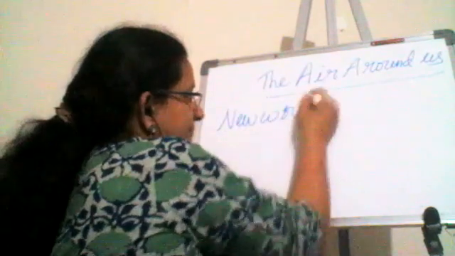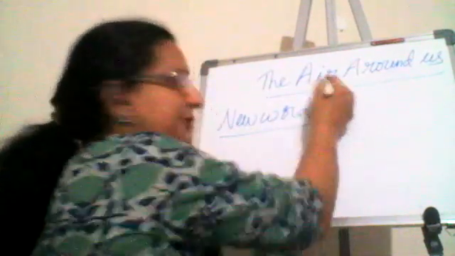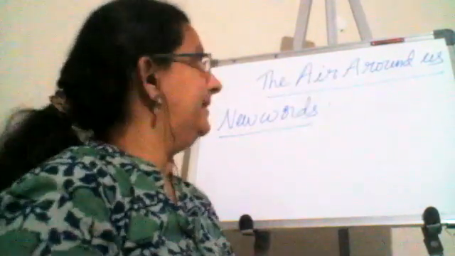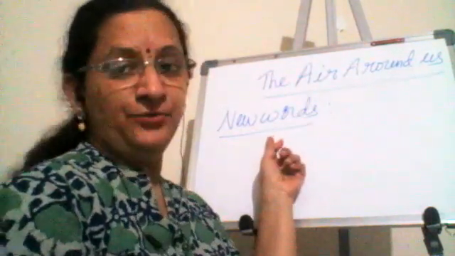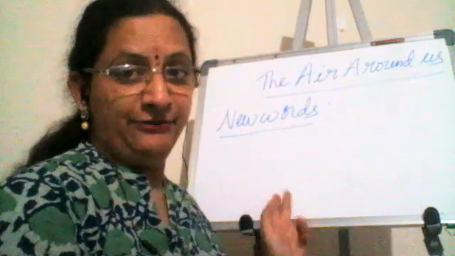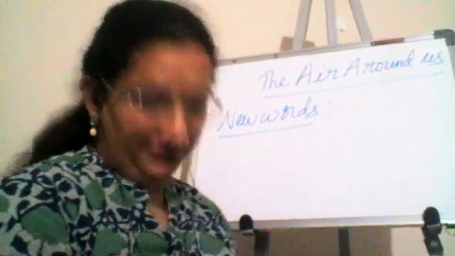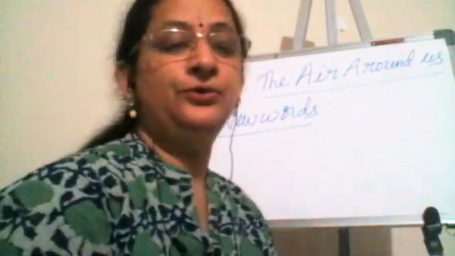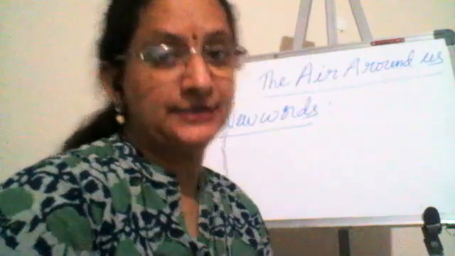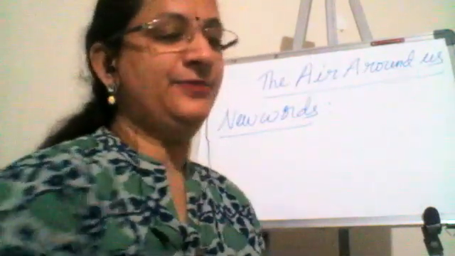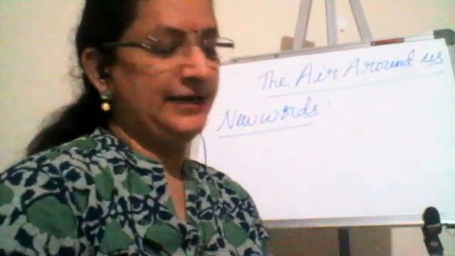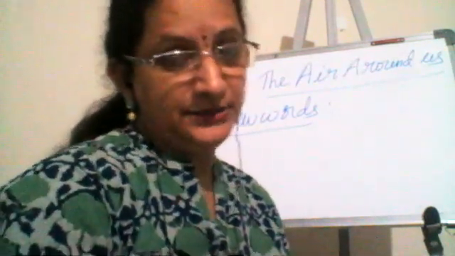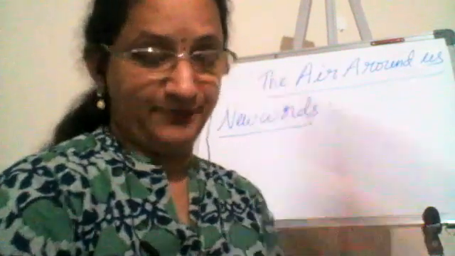Now you will open your classwork and put the heading "The Air Around Us" very neatly and write new words, leaving one line for every word. After writing the new words, you will learn the spellings, and after learning the spellings you have to complete the textbook exercises and then write the questions and answers three times.